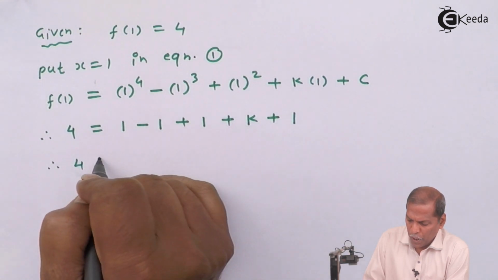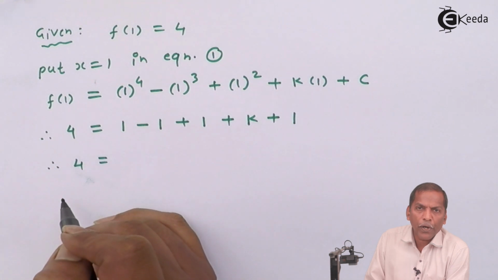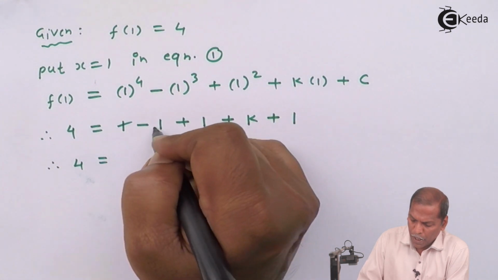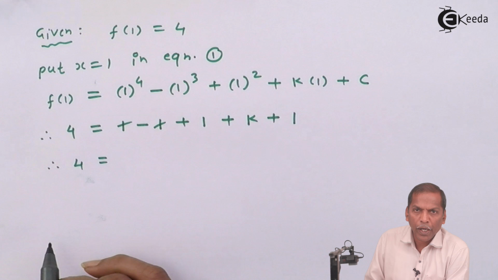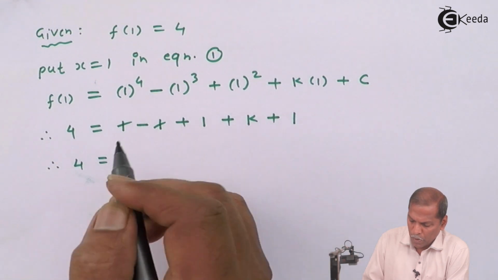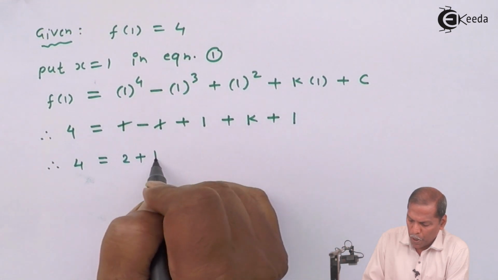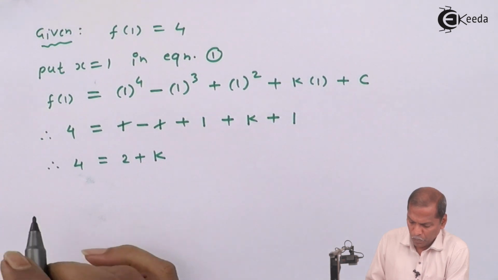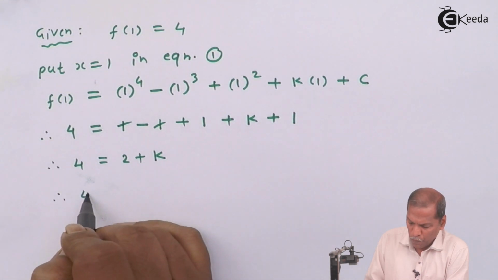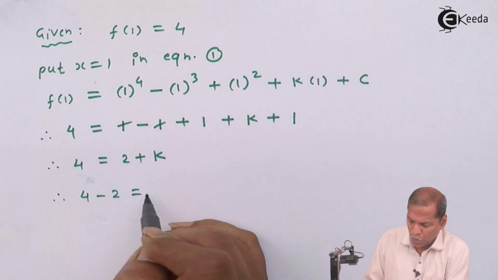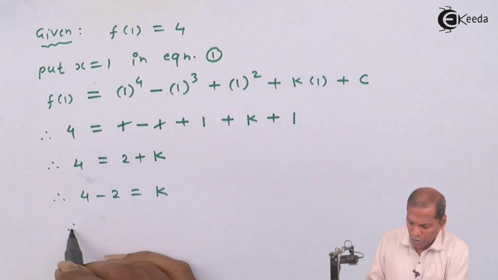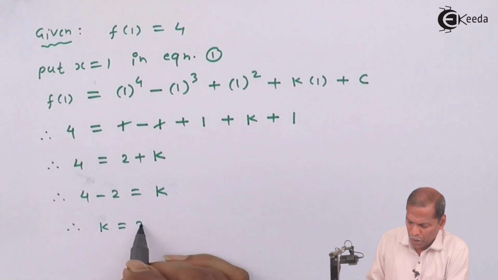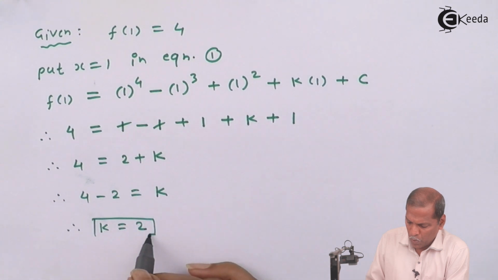Therefore 4 is equal to, now here plus 1 minus 1 cancel. So we are left with 1 plus 1, that is 2 plus k. Therefore 4 minus 2 is equal to k, and therefore k equal to 2.